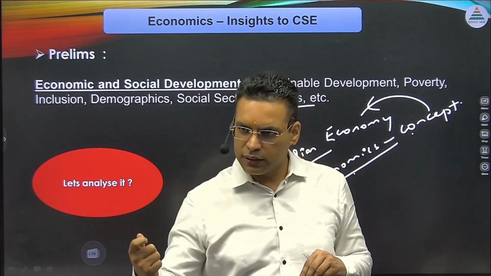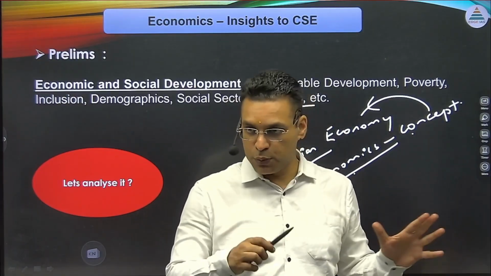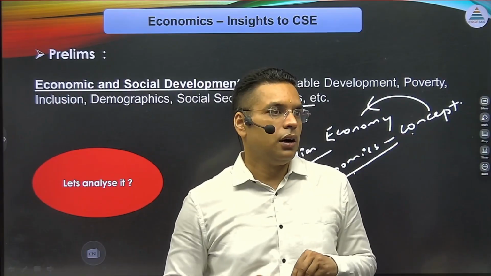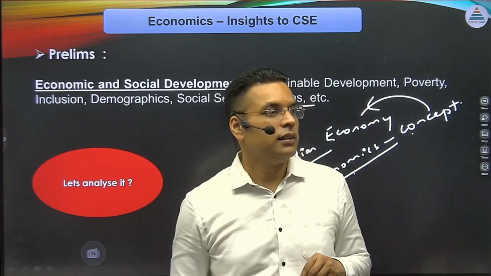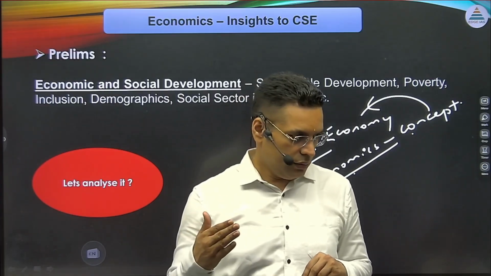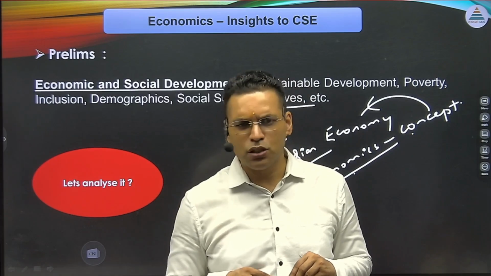Why India is poor, if we say that India is poor comparatively, or for that matter, why India is not doing so well. But then, every journey has its own challenges, so we'll understand all that.